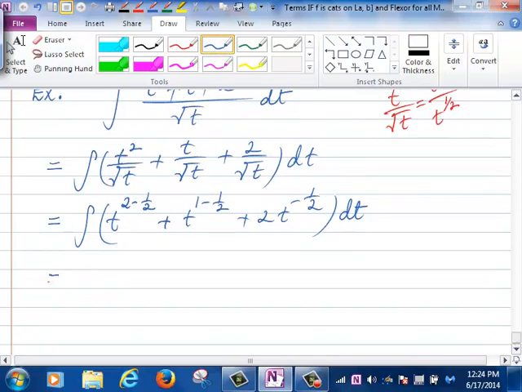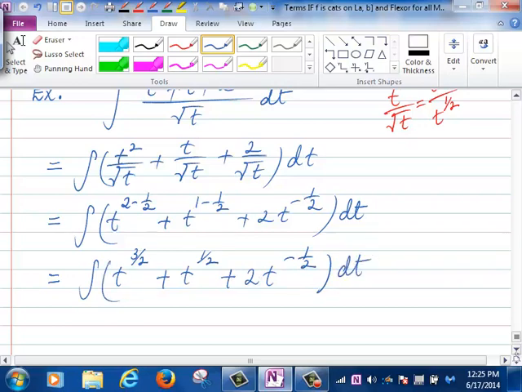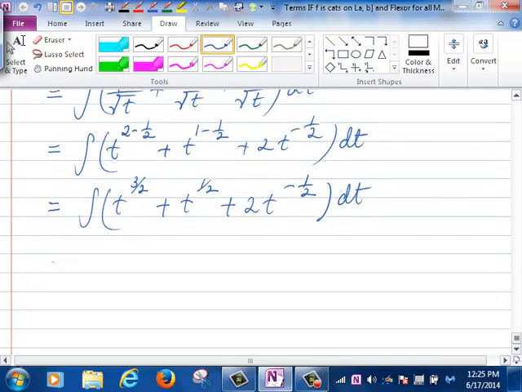So this is equal to the integral of t to the 3 half, plus t to the half, plus 2t to the negative half. Okay, now you take the integral of each one. What's the integral of t to the 3 half?